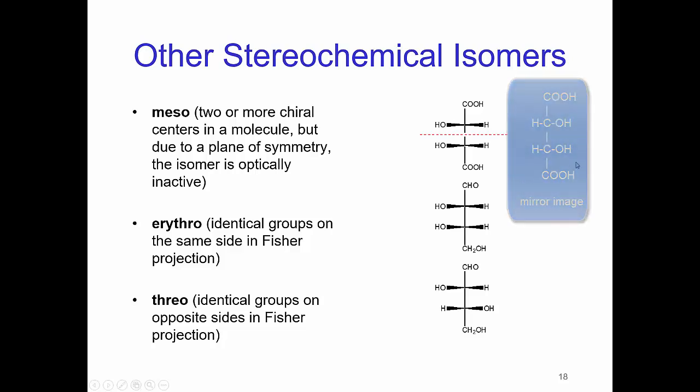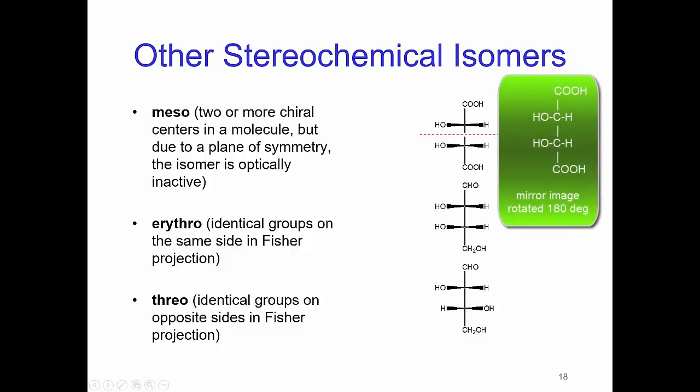So in other words, if we take a compound where we have the OH here and the hydrogen here, which is the mirror image of this, we're going to take that compound with the OH and rotate it down here where the OH in this one is. And the same thing here. The mirror image has the OH over here, and that OH is going to rotate around and be up here. These two carboxylic acids are identical. So even though we have the mirror image molecule, if it rotates, it's superimposable.